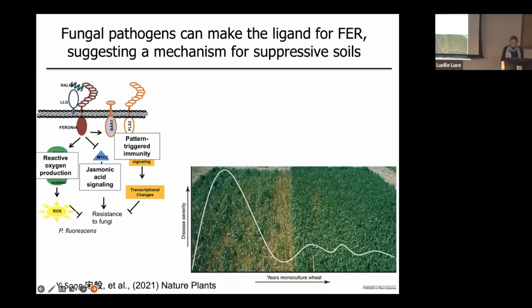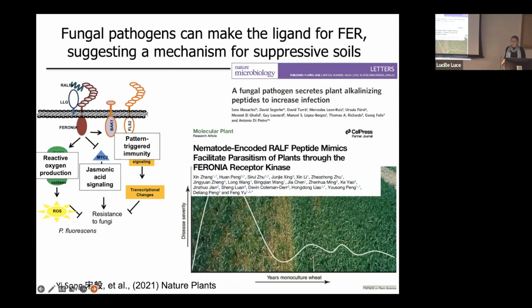Interestingly, it turns out that fungal pathogens and nematodes can make the ligand for FERONIA. There are 2 beautiful papers that show that nematodes and fungal pathogens can make RALF-peptides, which are mimics of RALF-peptides, which are the ligand for FERONIA. They likely do this because by messing with FERONIA, they can mess with the JA pathway and promote susceptibility to themselves.